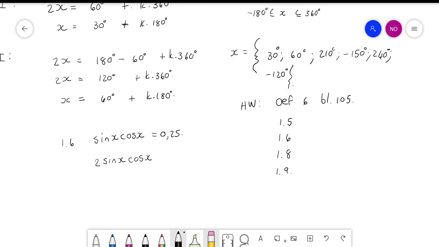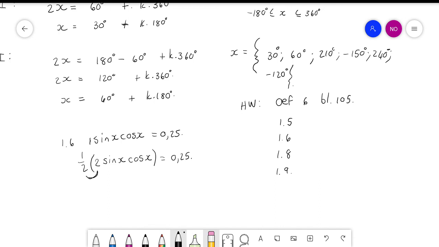And then you can either multiply this side by 2 and make it a half. Jy mag mos dwarsdeur maal met iets. Or you can do this. Because do you agree that a half times 2 remains 1? So jy kan dit op enige een van daai twee maniere doen. Jy gaan by die regte antwoord uitkom.